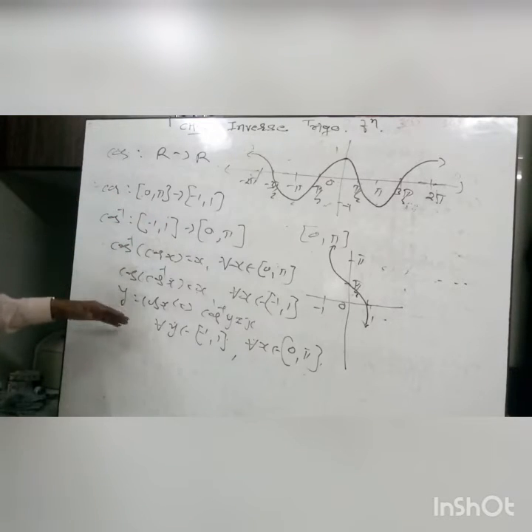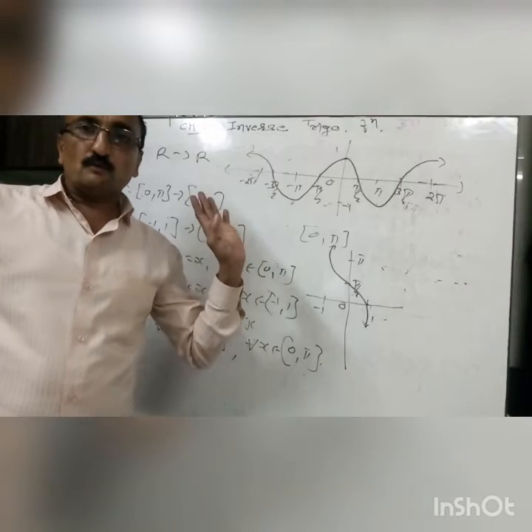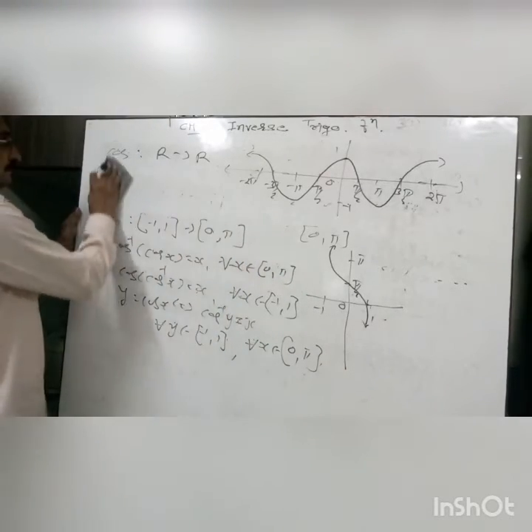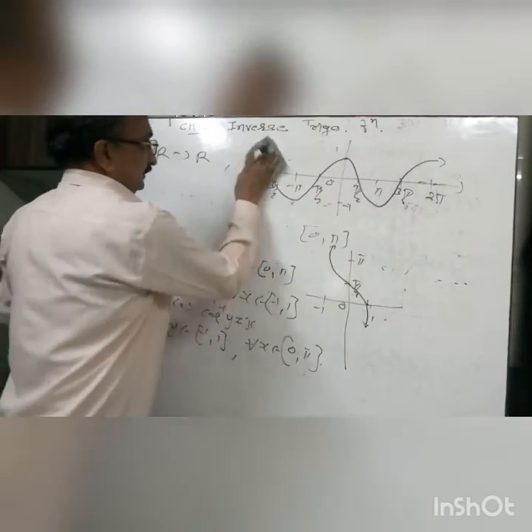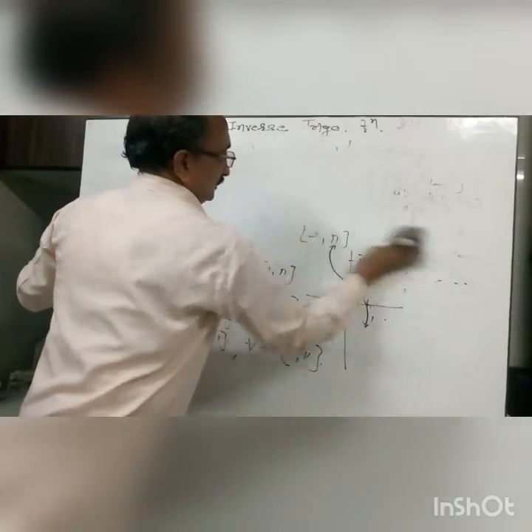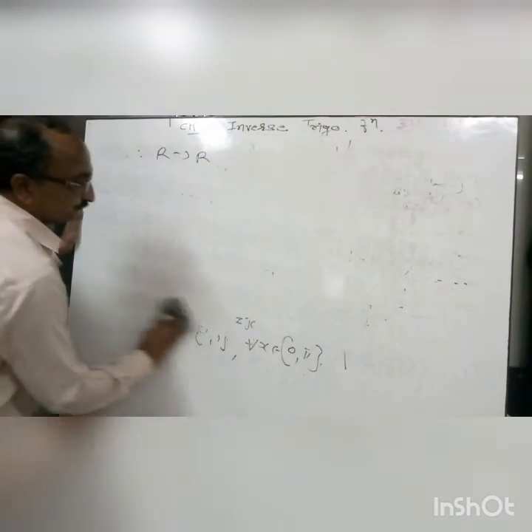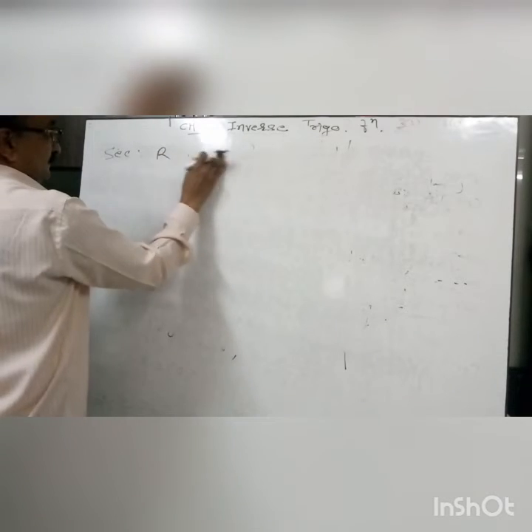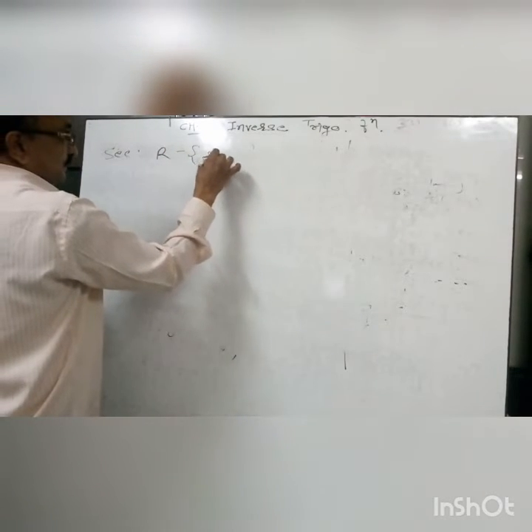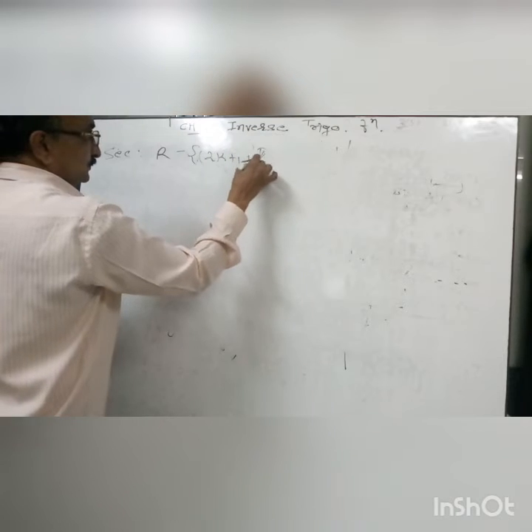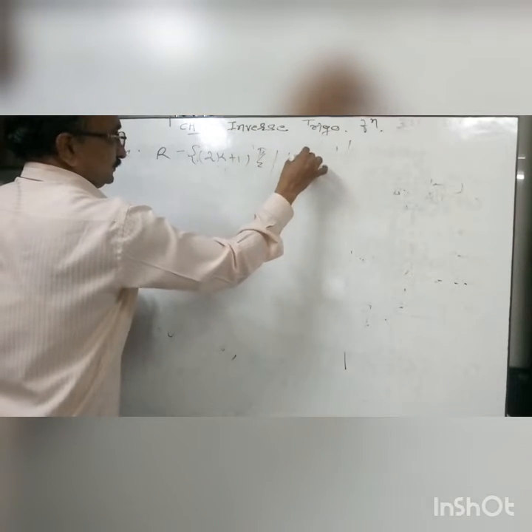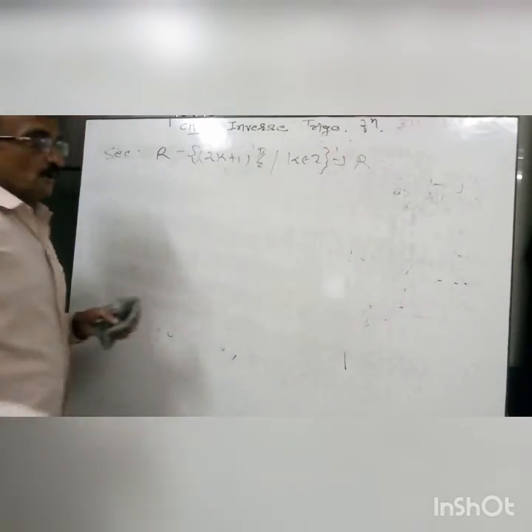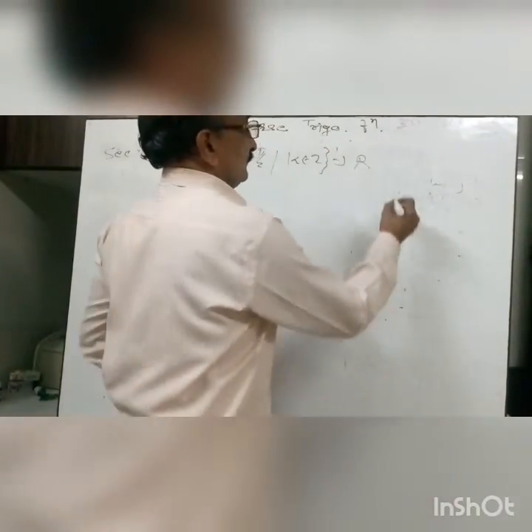Important notes for the cos inverse function, graph of the cos inverse function. Now here we discuss sec and its graph, and also the inverse of the sec function. Sec is a function from R minus (2k plus 1) pi by 2, k belongs to Z, to R. Here the graph of the sec function, you know this type of graph.